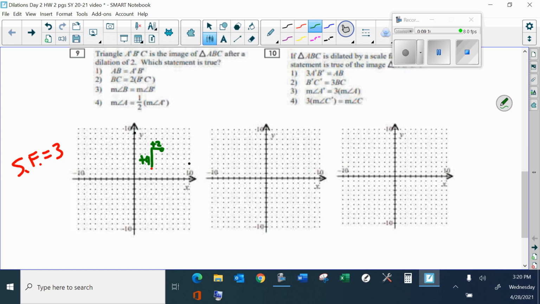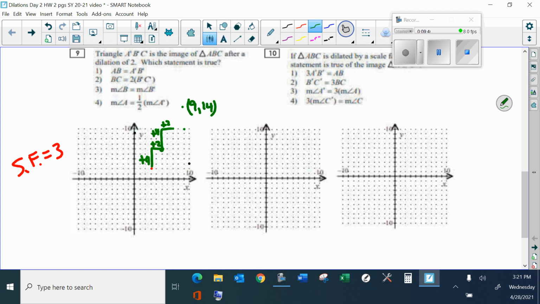So I need to do it 2 more times. Up 4 plus 2, that's a scale factor of 2. And now I need to go up 4 more. That's 10, so I'm up to 14. And then over 2 more puts it at 9. So 9, 14 is that point.